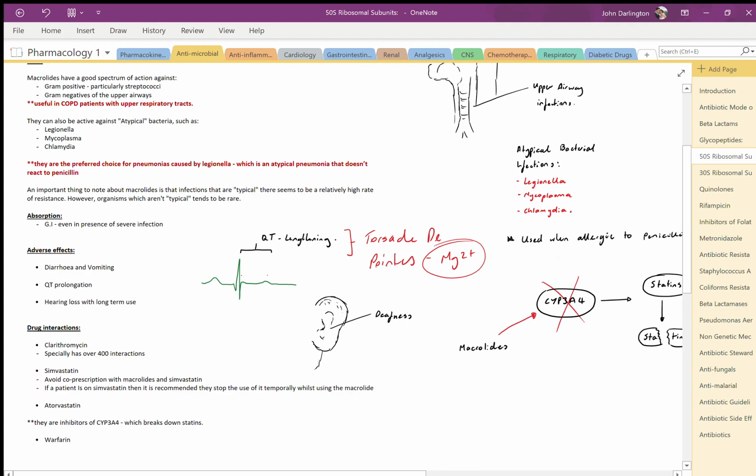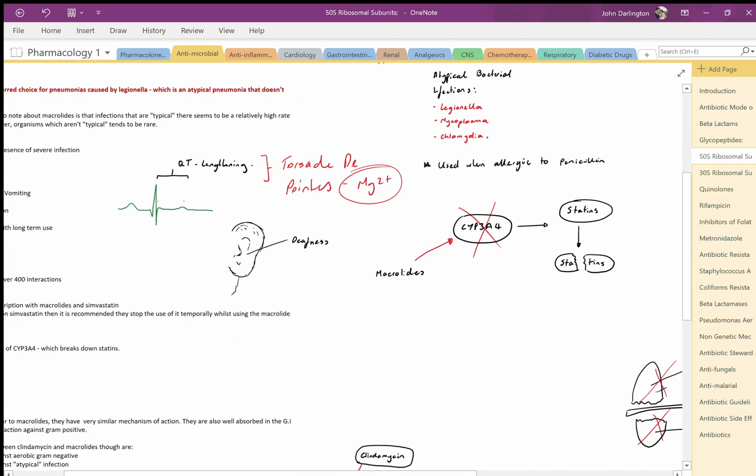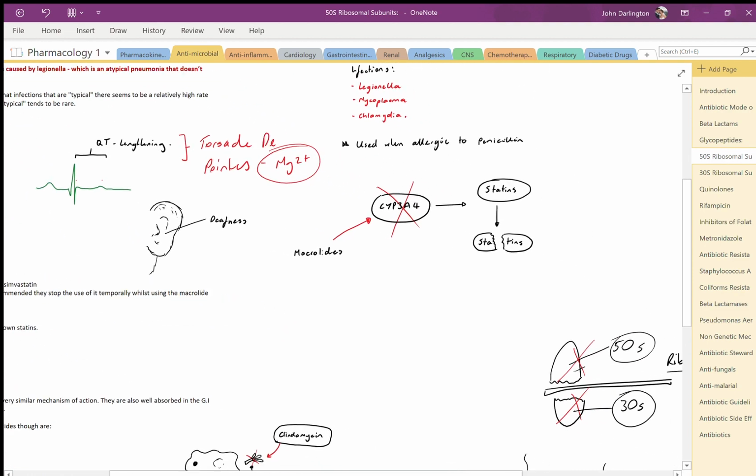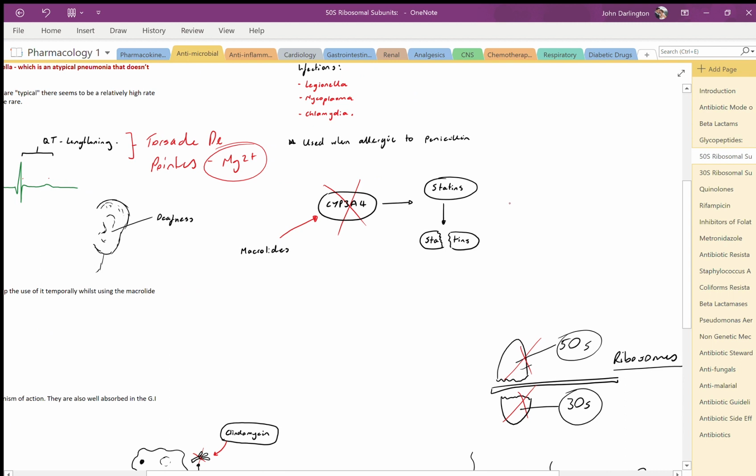Another big and really important thing to know for clinical practice and also for your exams is that they're contraindicated with statins. Okay, and the reason for this is because they inhibit particular enzymes which break down the statins.